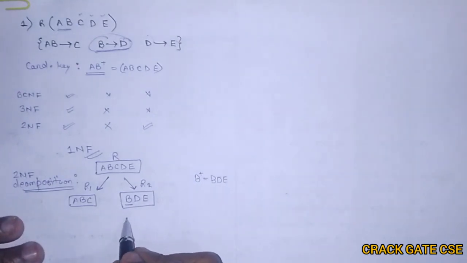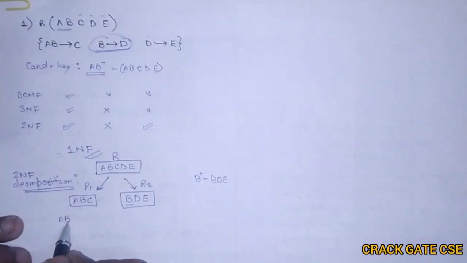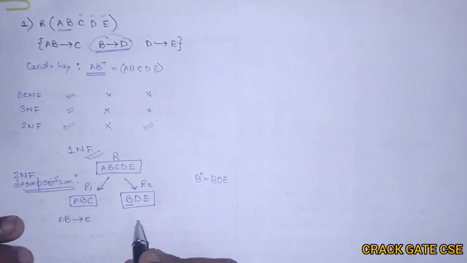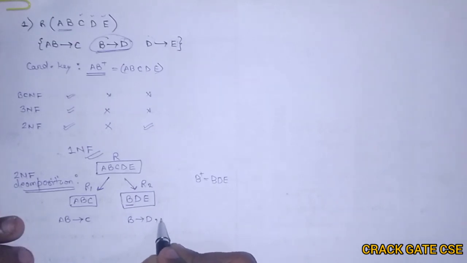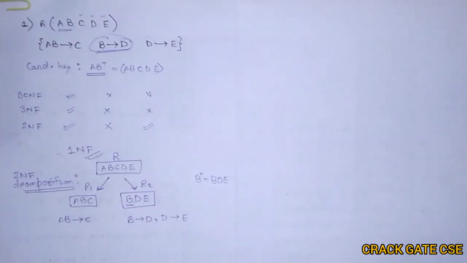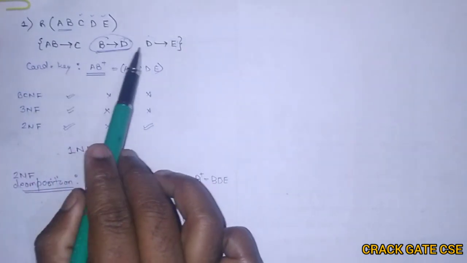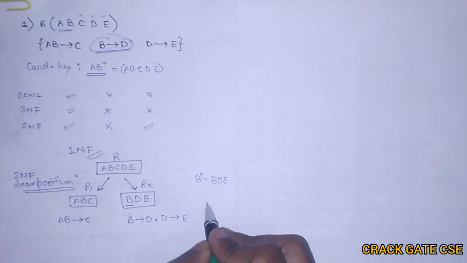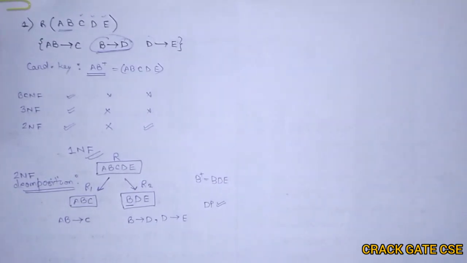Now you can see that the functional dependency AB to C can be covered in the R1 relation, and the functional dependencies B to D and D to E can be covered in the R2 relation. That means all the dependencies have been covered, so this decomposition is dependency preserving, right?